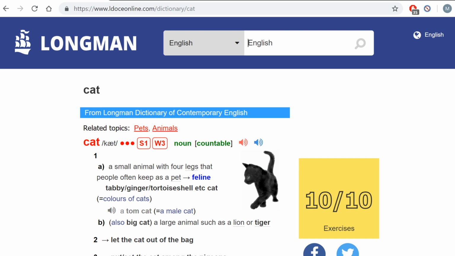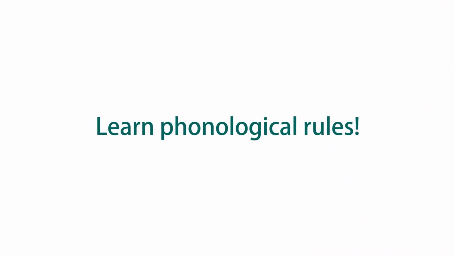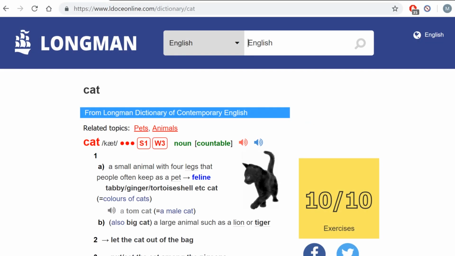This dictionary doesn't help you at that level of detail. That's what you get by learning a few rules in the phonology of English, or whatever language you're learning. You have to learn these basic phonological rules and apply them consistently to sound like a native speaker. So if you look up cat, you don't see the aspiration.